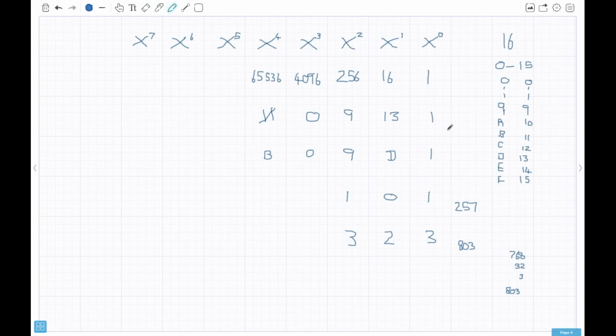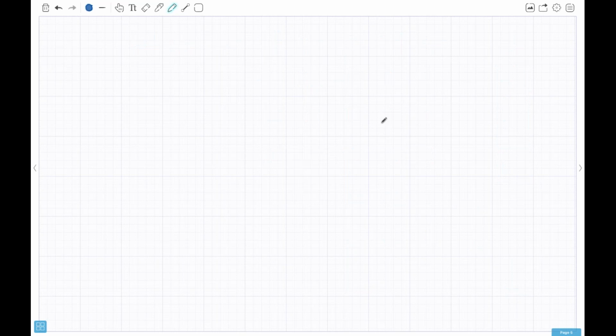Now there is one more shortcut I want to show you, and that is the interoperability of hexadecimal and binary. So let's say you have a hexadecimal number that is 2, 4.